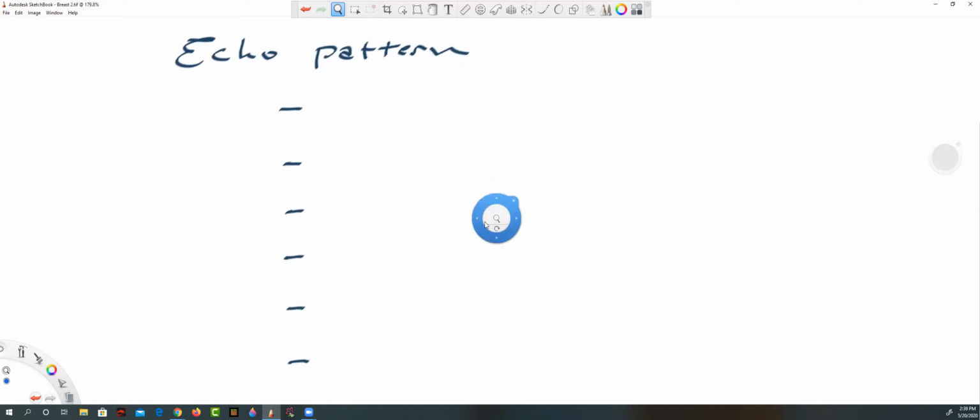Echo patterns, I'm not going to put a face on some of these because some of it just is what it is. Okay, anechoic. If we're talking about a solid, that's not good.